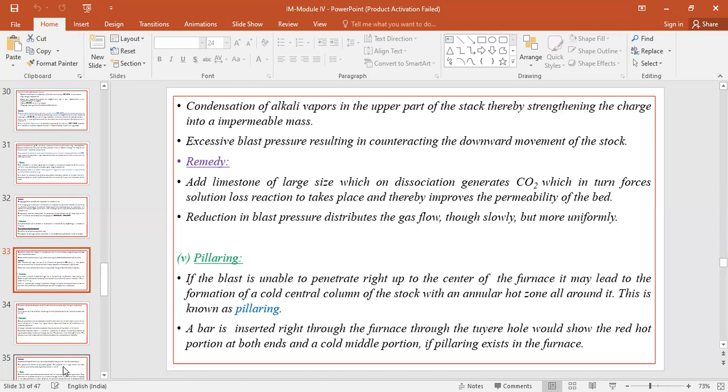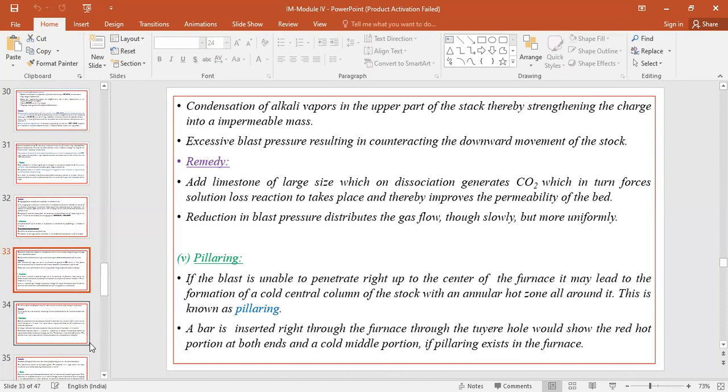And this will lead to a solution loss reaction taking place, and that will improve the permeability. And also reduction in blast pressure distributes the gas flow slowly but more uniformly.